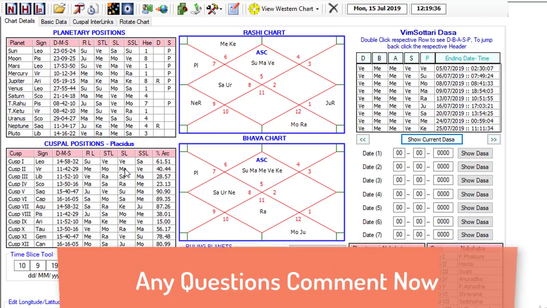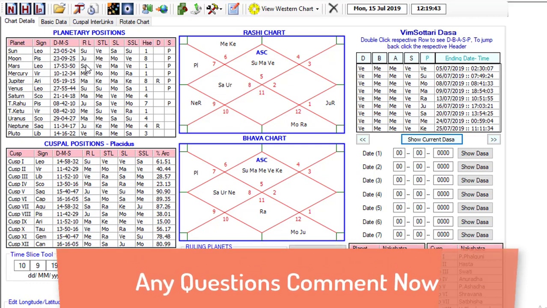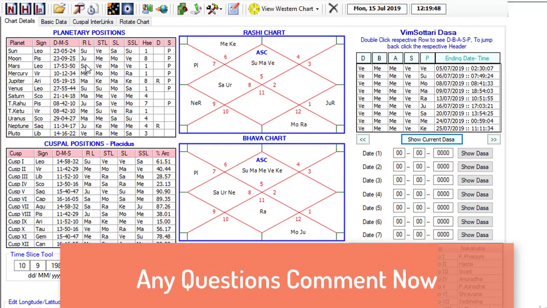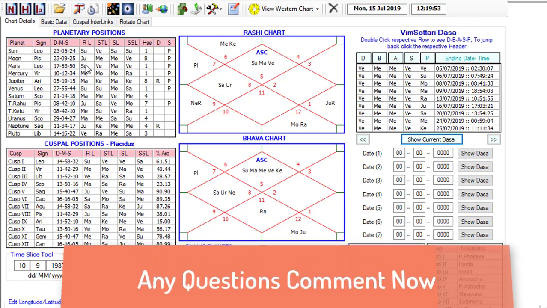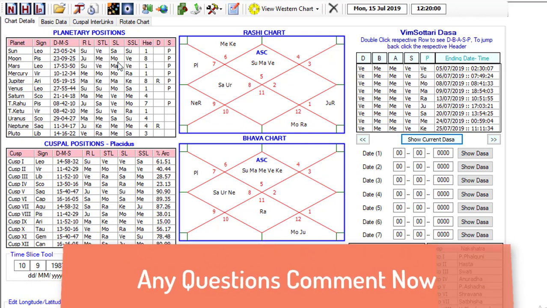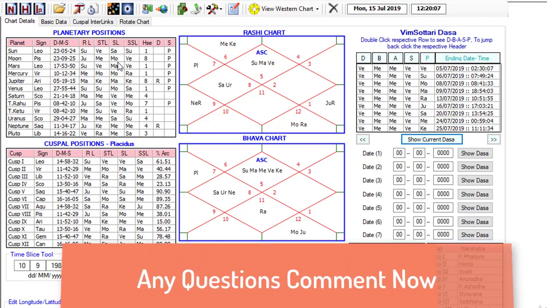Now where is Mars? Mars is in the Leo sign, which is owned by Sun, and Mars is in the star of Venus, and it is in its own sublord, that is Mars. So we need to understand how Mars is going to behave. What is Mars? Mars is a planet. So my money is not going to come back.